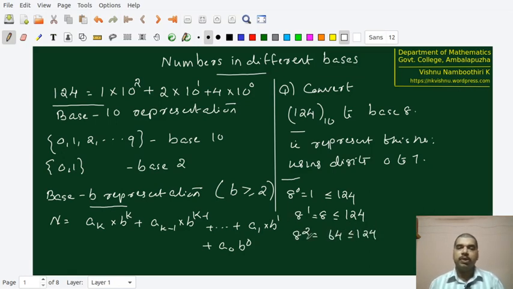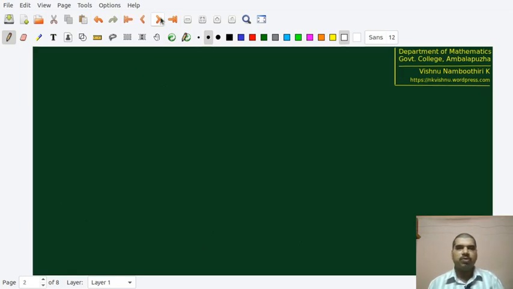And if you take 8 cube, that is going to be more than 480. Therefore, that cannot be accommodated in 124. Therefore, the largest power of 8 that will divide 124 is 8 square. So we first of all write 124 equal to 8 square into how much will be included in 124.